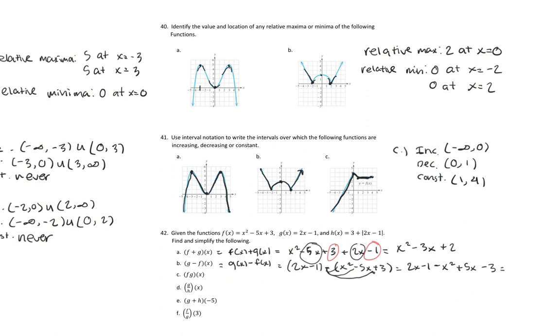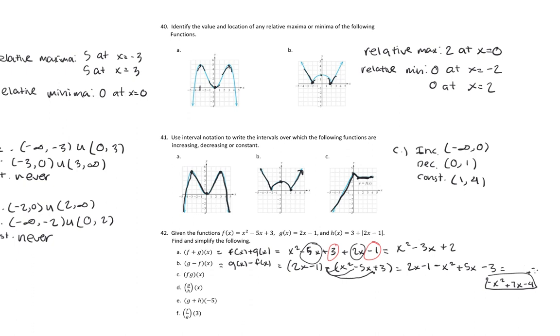All right, so then if we combine like terms there, that's going to be negative x squared plus 7x. Oh my goodness. Okay. I'm going to write this down here. Negative x squared plus 7x minus 4.